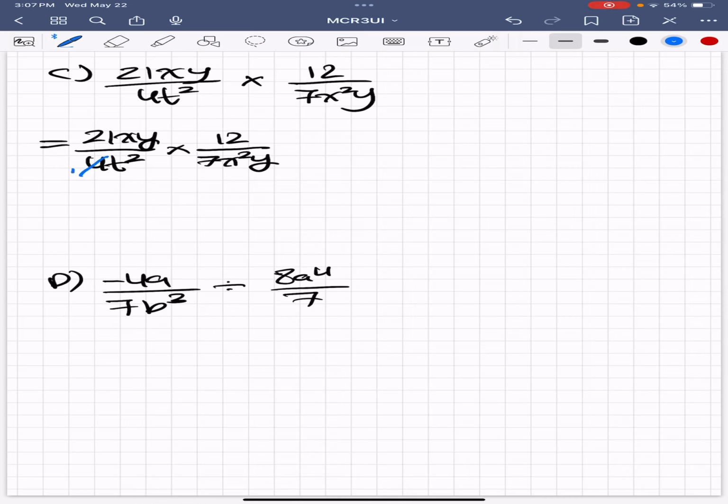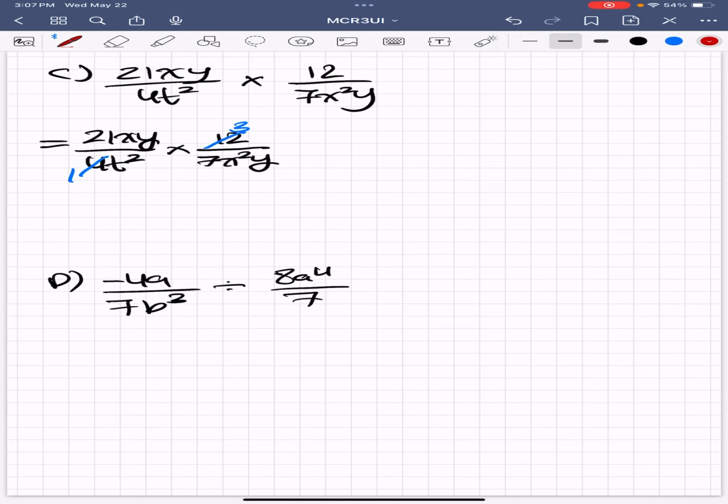So 4 and 12 are divisible by 4. So 4 would become a 1, and the 12 would become a 3. And then we just have a t squared there.